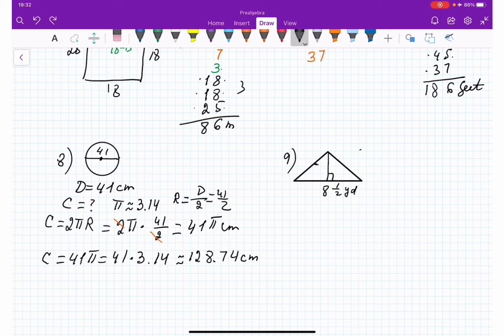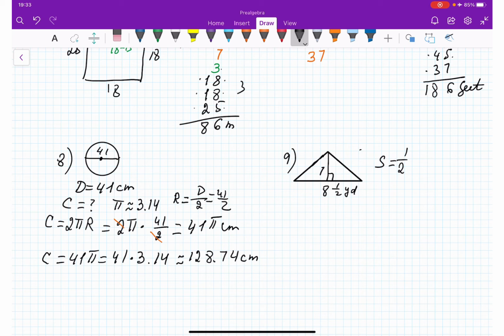Let me clean here the word yard because there's not enough space anyway, and just write down 7. All right. So the area S is equal to 1/2.